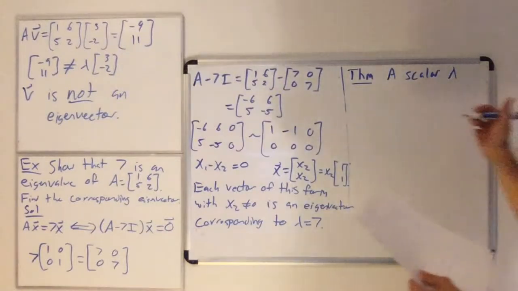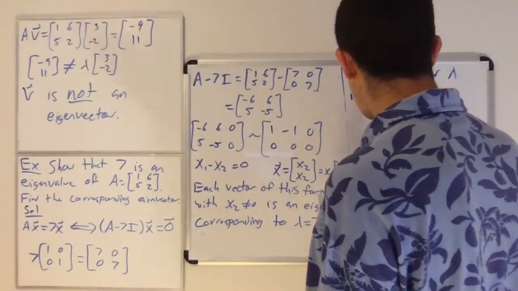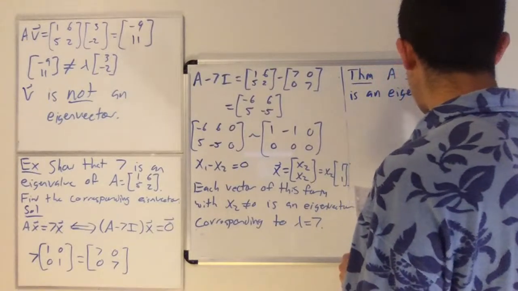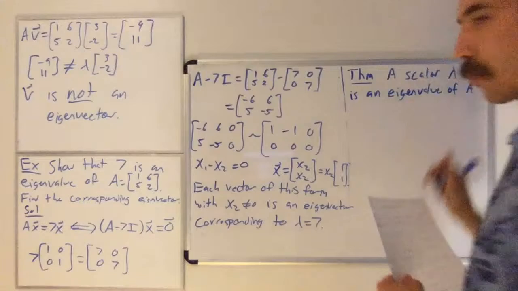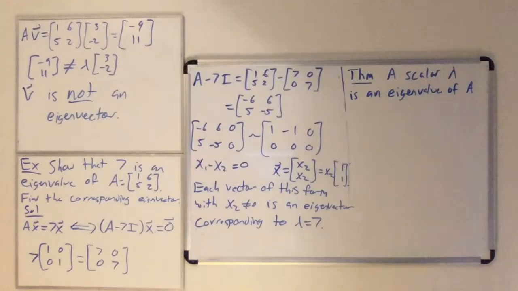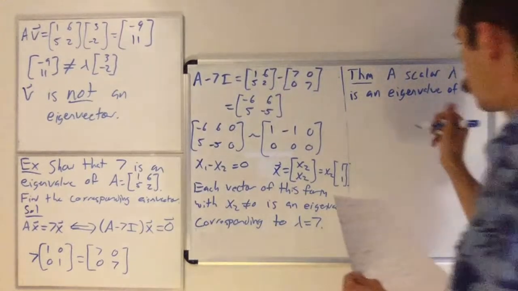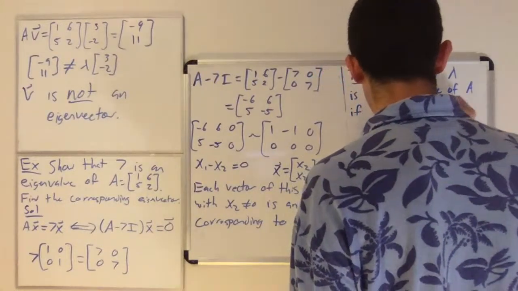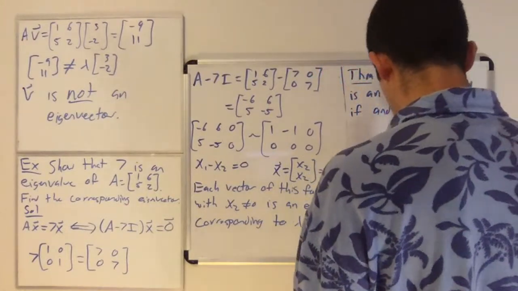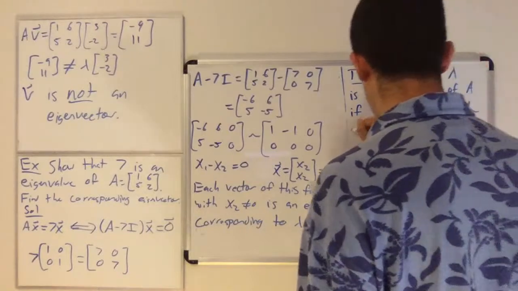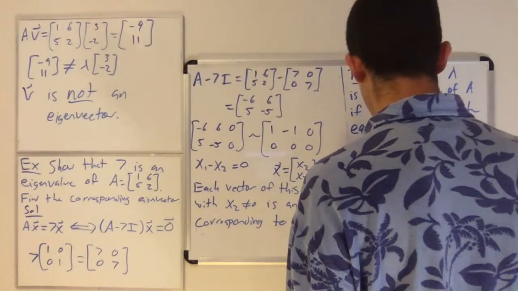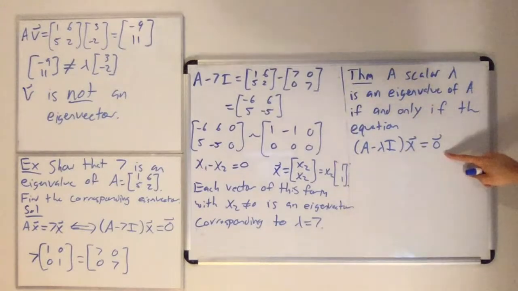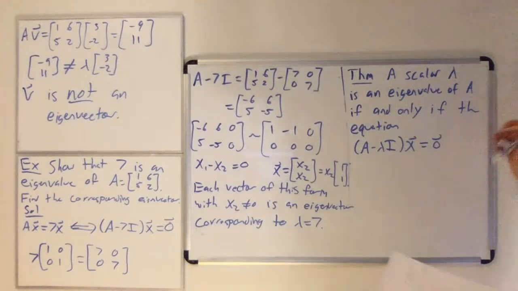Lambda is an eigenvalue of A if and only if the equation A minus lambda I times x equals 0 has a non-trivial solution.